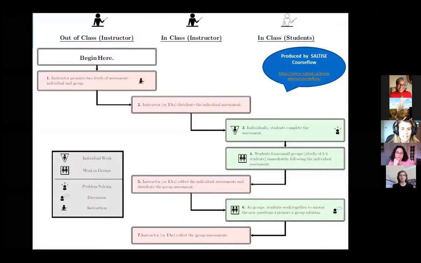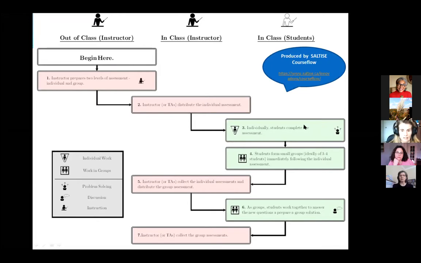So this is a course flow to show you how a two-stage assessment would be enacted in the classroom, whether online or in person. Out of class, the instructor's job is to create the test, obviously, or the quiz. In class, it is distributed to the students individually. The students write it.